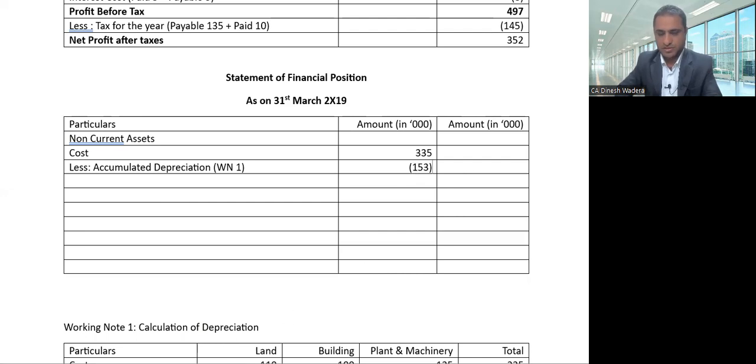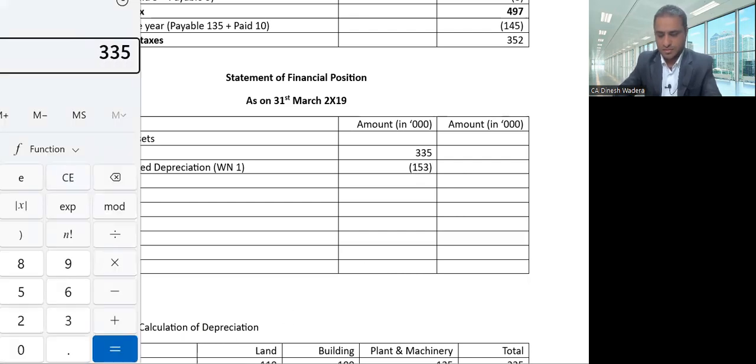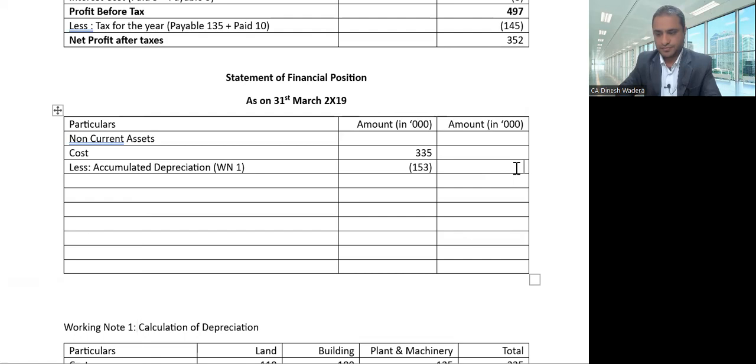Make a calculation. 335 minus 153, 182. In the outer column, mention it.